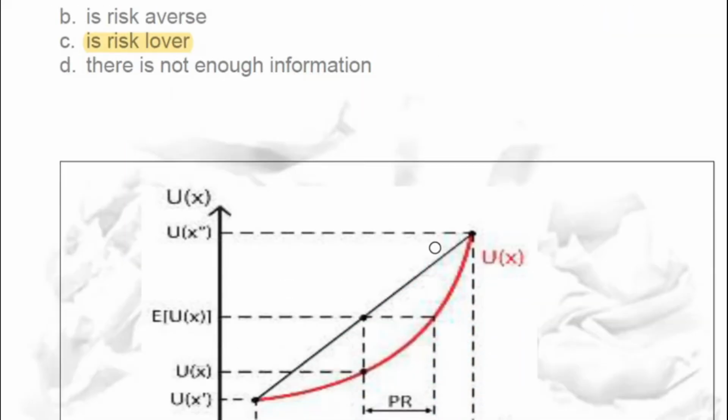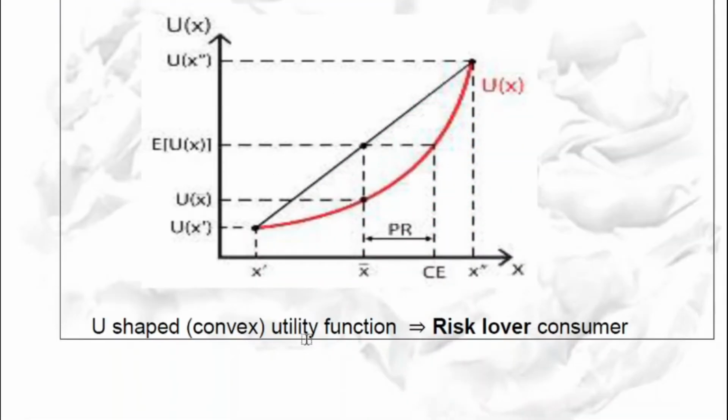X squared is the typical, the easiest parabolic curve. And we know that when we have such a graphic representation of functions, we have risk lover. So okay.